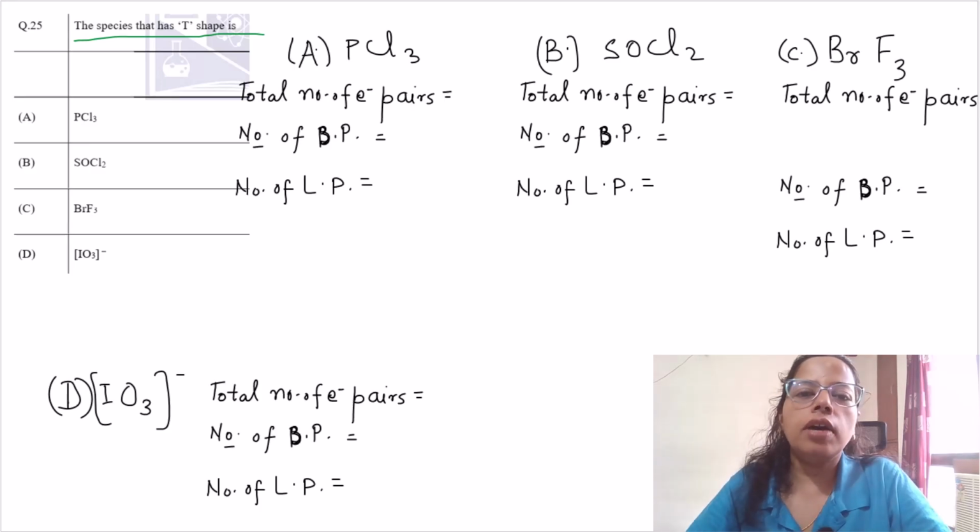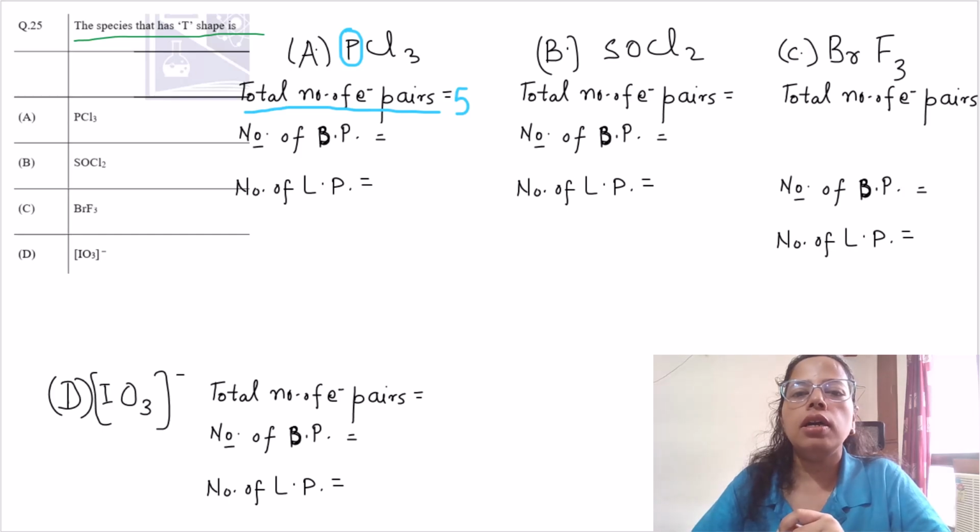So first of all, we have to find out the total number of electron pairs in that particular molecule, which is the sum of the valence electrons of the central atom and the electrons contributed by the neighboring atoms. In PCl3, the central atom is phosphorus. So it belongs to the nitrogen family, and the number of valence electrons in phosphorus is 5.